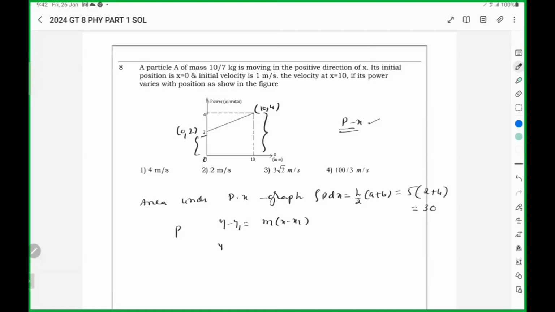Your y in the sense is power, y1, I will take any coordinate. M here is along the x-axis, x only, x1 is 0. So that is P is equal to 2 plus x by 5.